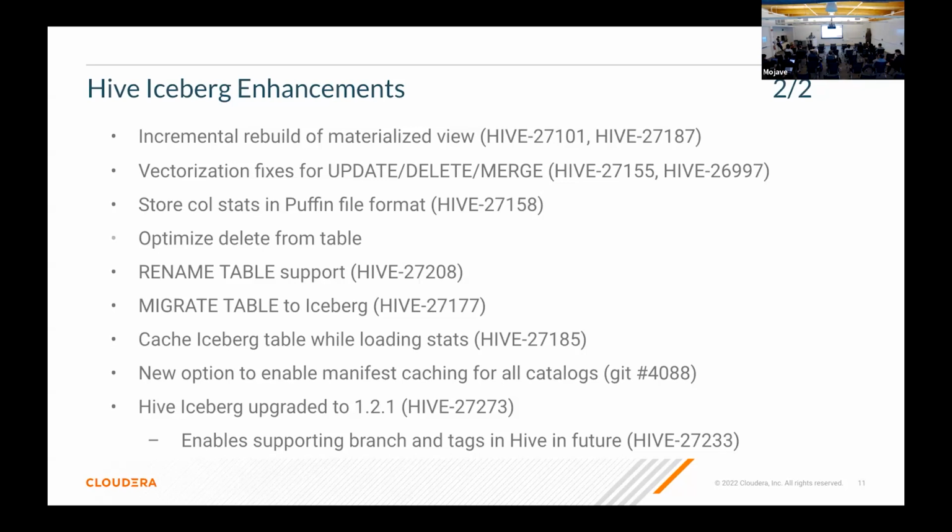So when we did some experiments with TPCDS and others, we found that the query planning time is affected because we were fetching the manifest files from, let's say in this case, S3 or Azure, and we were doing a lot of repeated seeks for these manifest files from the cloud storage. So caching of the manifest files is very important for Hive as well as for Impala, as we will see later.